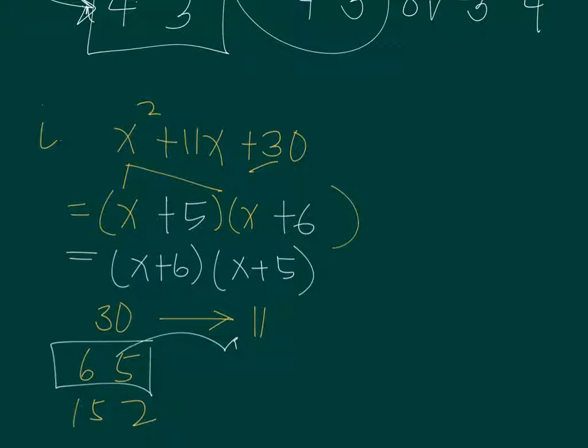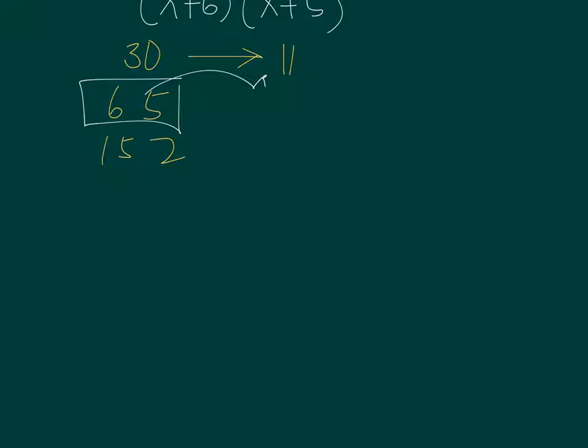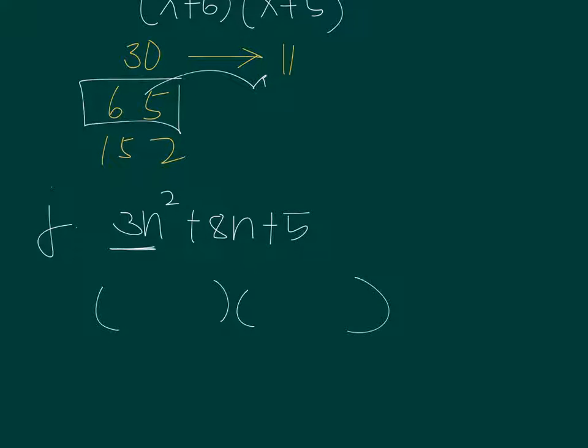Okay, and then letter J. In letter J, you have 3n squared plus 8n plus 5, and then again, 3 is not a perfect square, 5 is not a perfect square. So we start by thinking of what are the factors of 3n squared.